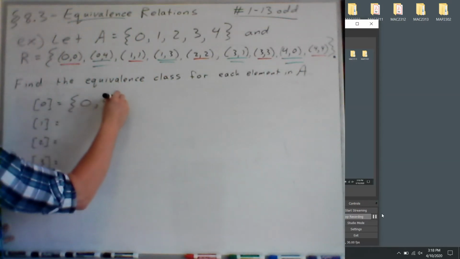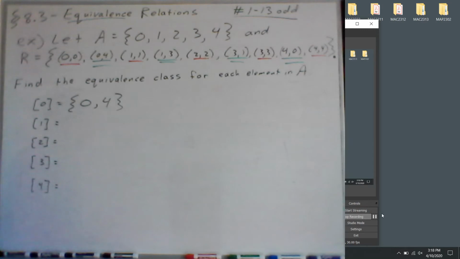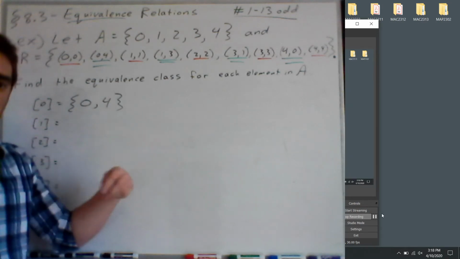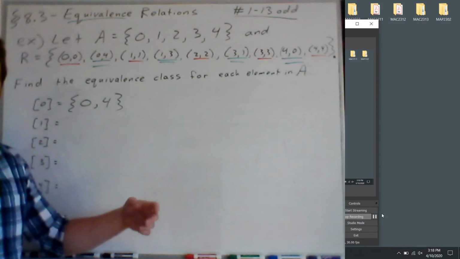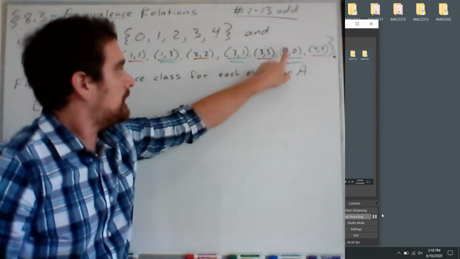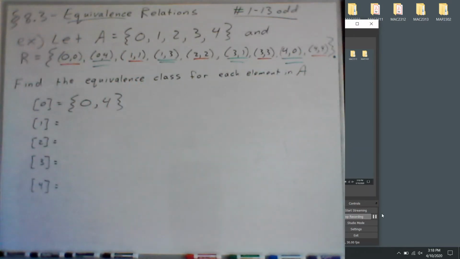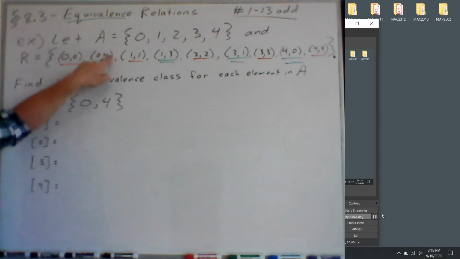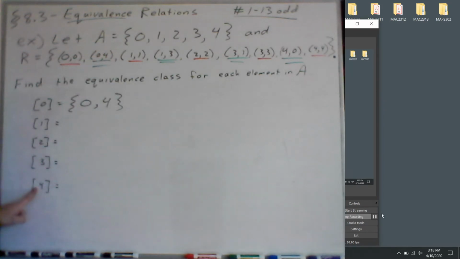Again, if you look at the definition, it's the set of all the elements x such that x is related to this 0. 0 is related to 0, and 4 is related to 0. Don't pick this one, because that is the element x where 0 is related to 4, which puts us in a different equivalence class. But we will see some symmetry in these equivalence classes in a second.